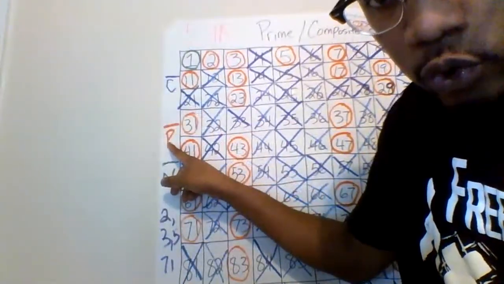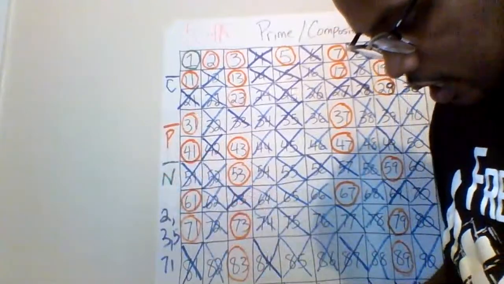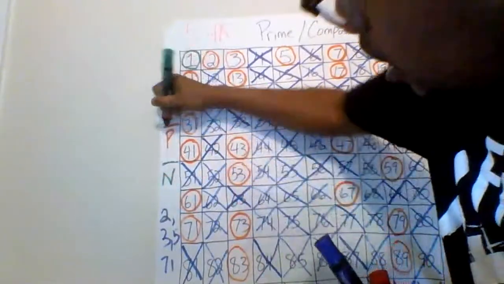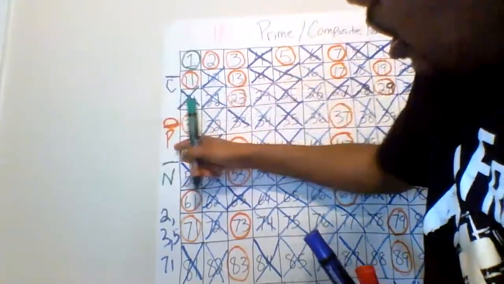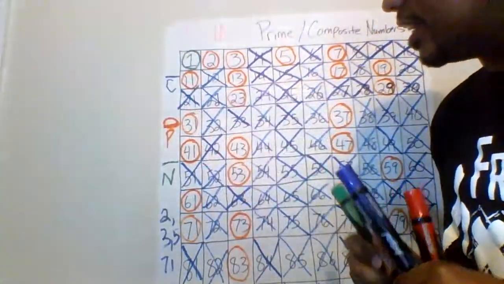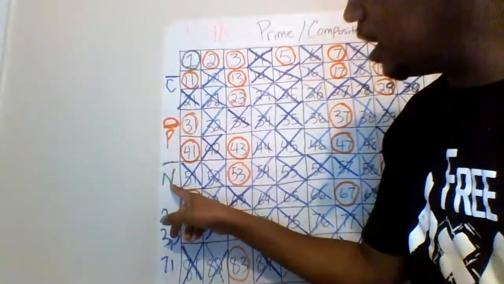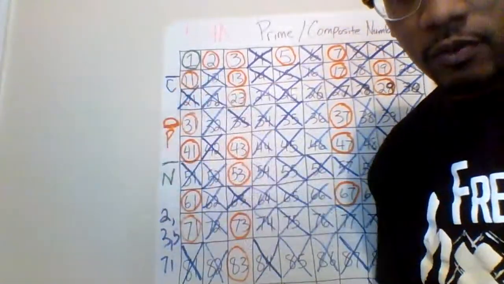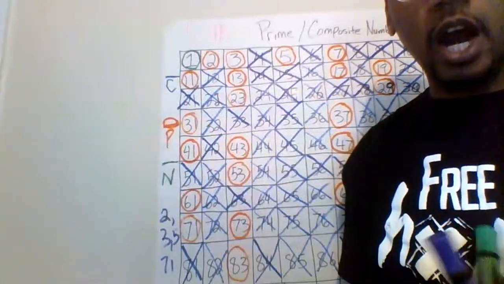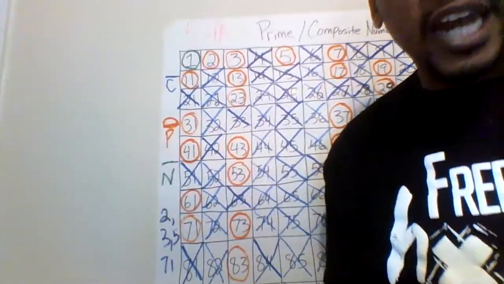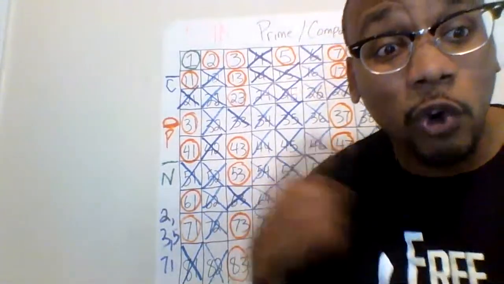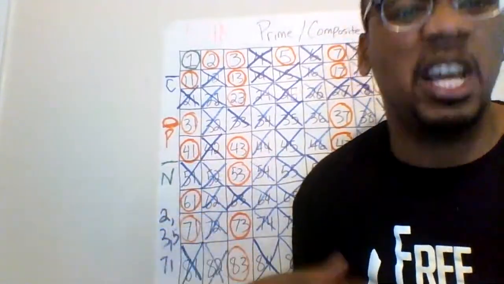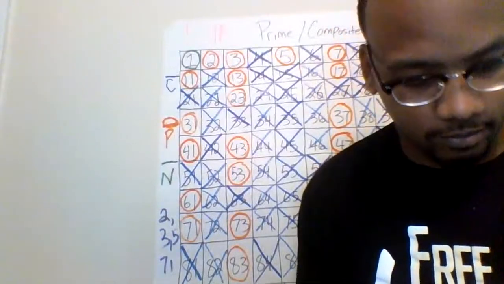If it's circled, then that means it's prime. And if it's green, it's neither. One is the only one that's neither. All right. So now I'm going to do the 6th grade version of prime and composite, and then I'll give you your homework and we'll be done.